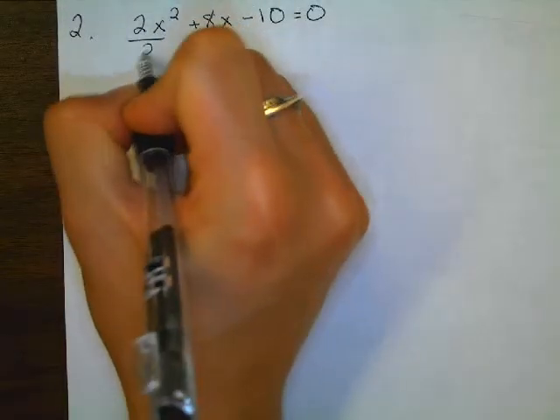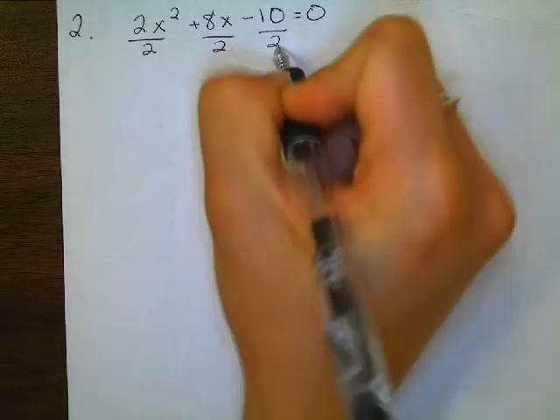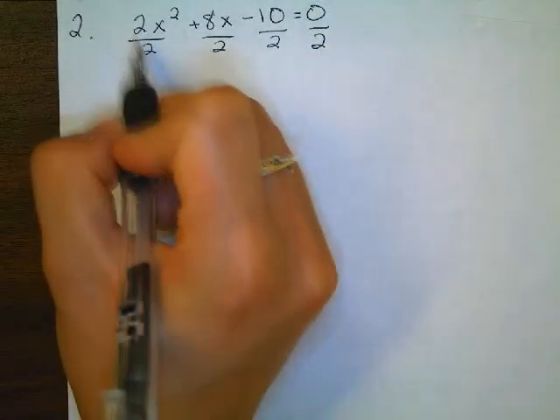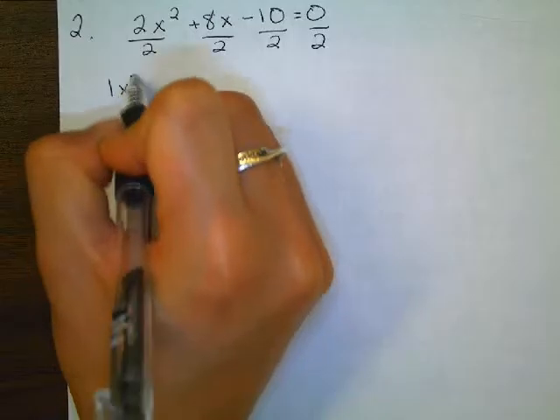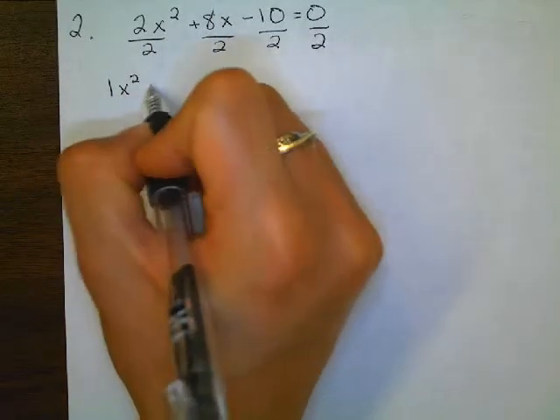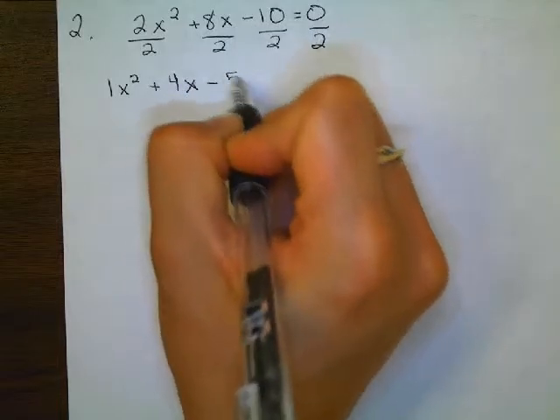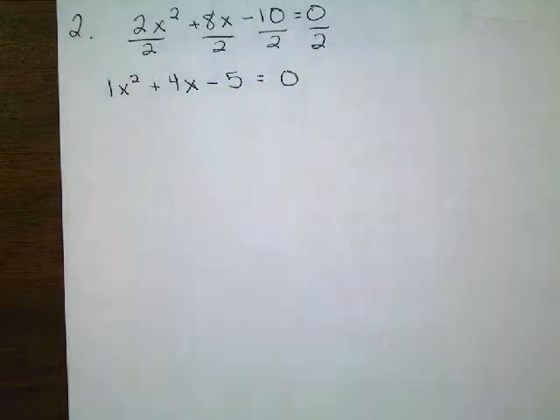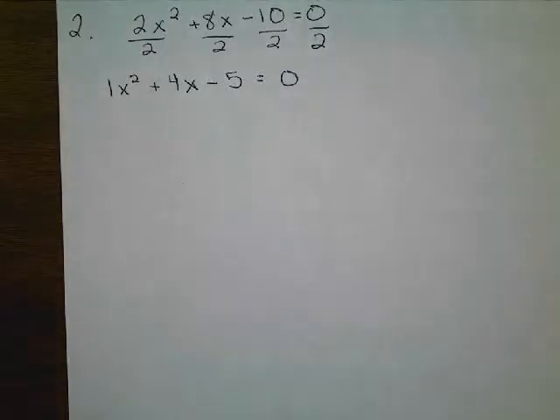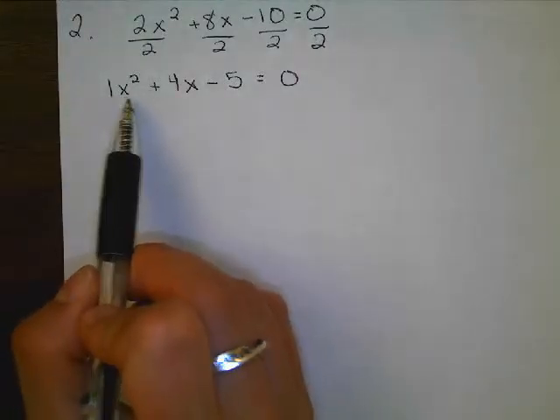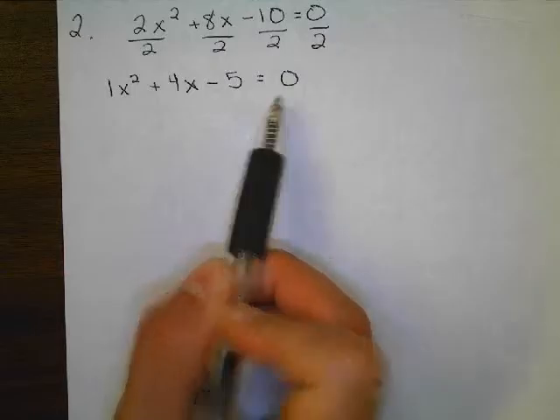I can do that by dividing everything by 2. So 2 divided by 2 is just 1. x squared plus 8 divided by 2 is 4, and then 10 divided by 2 is 5, 0 divided by 2 is 0. So I'm now going to complete the square on x squared plus 4x minus 5.